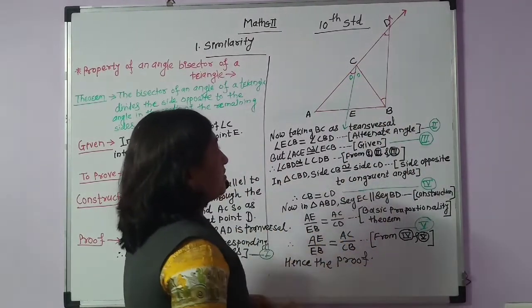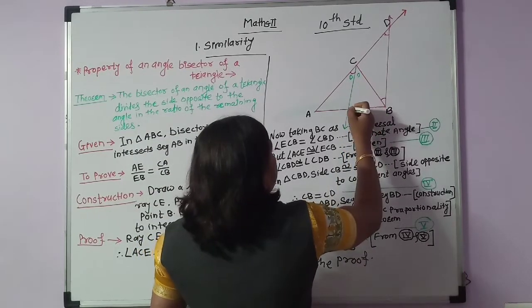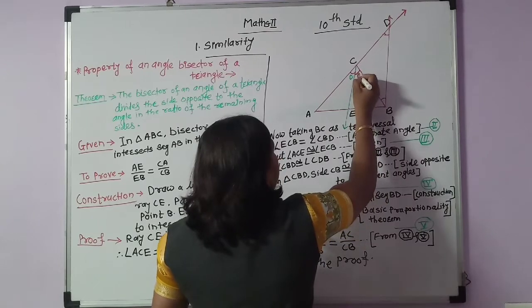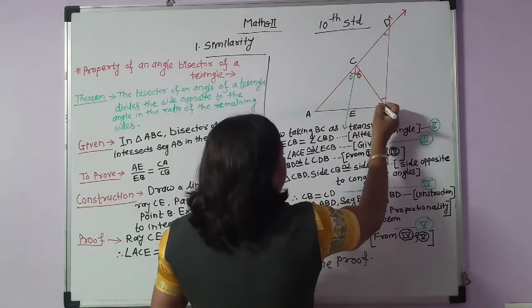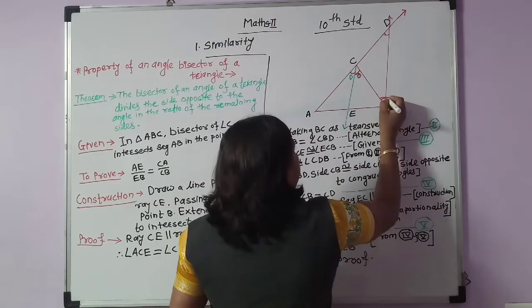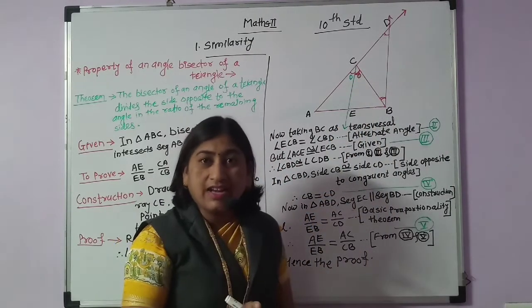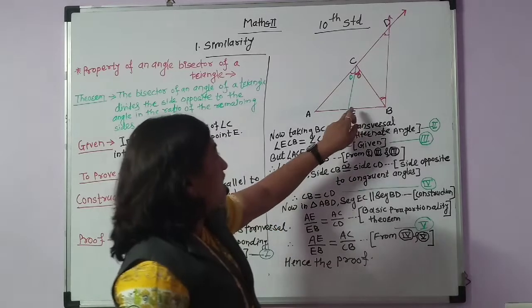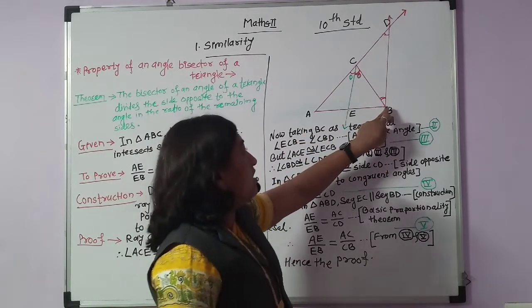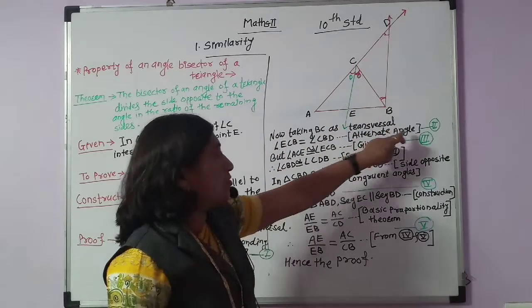In this case, angle ECB and angle CBD are alternate angles. Therefore, angle ECB is congruent to angle CBD. This is our equation number 2.